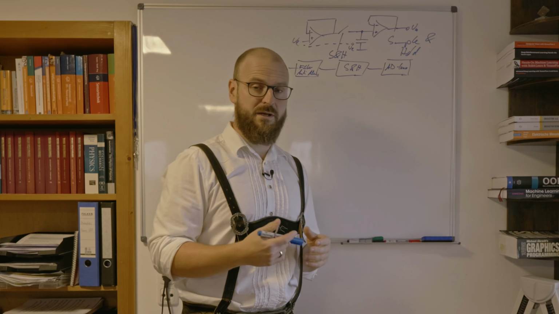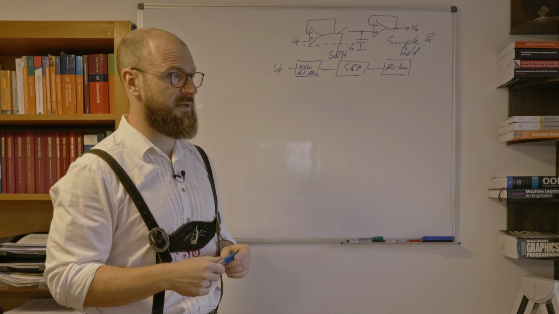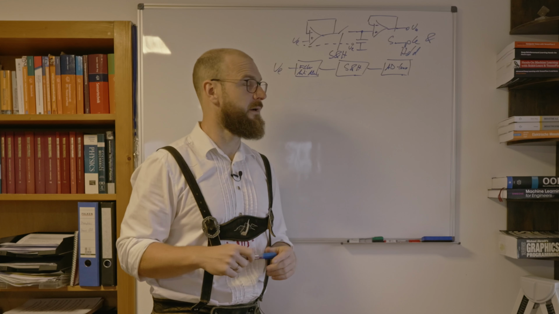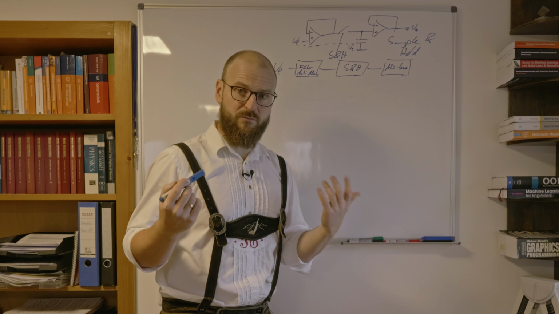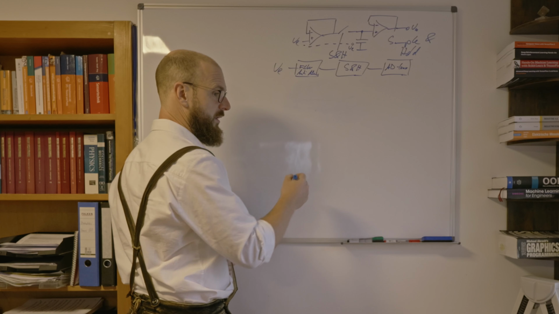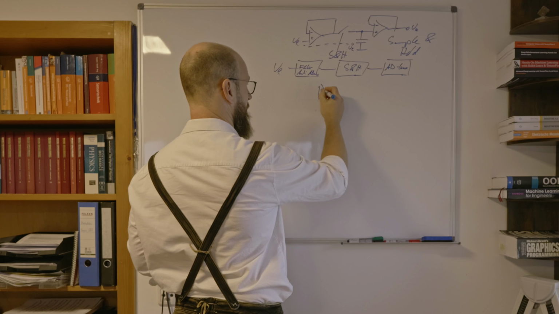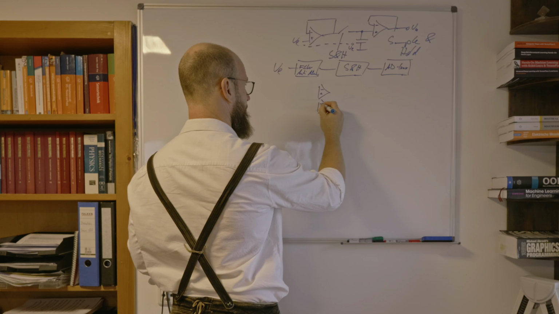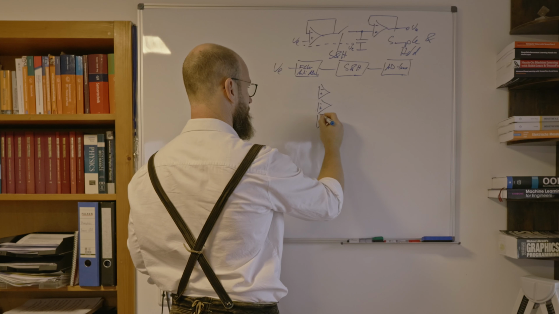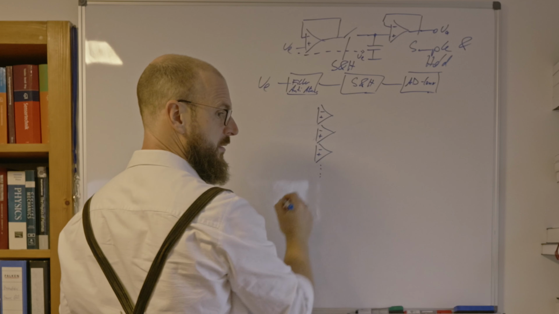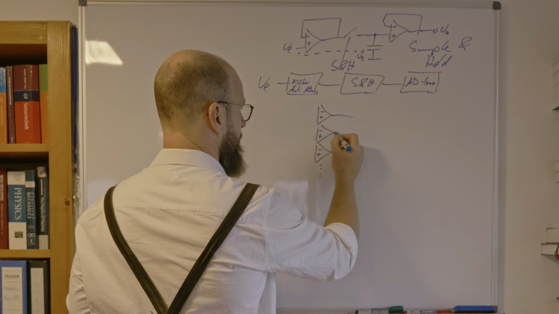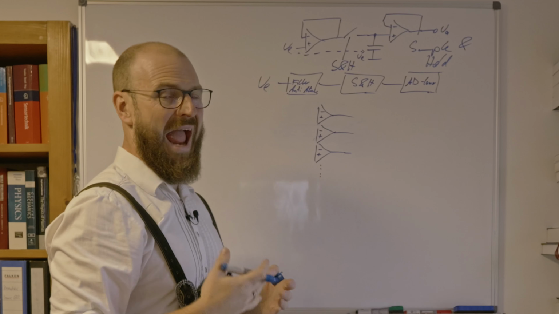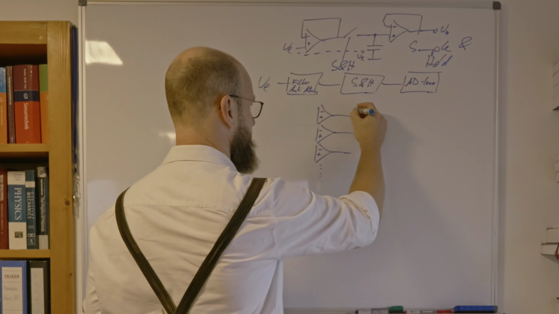And now we know an operational amplifier circuit which allows us to compare voltages, the comparator. And now the first and most easy idea of converting a voltage is to use a bunch of comparators which give us a digital encoded number which has to be decoded.